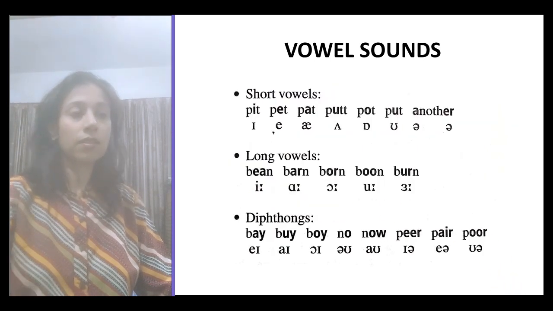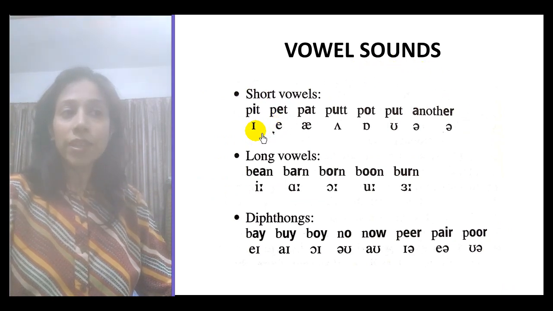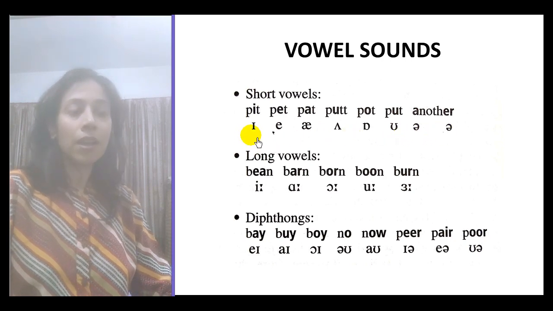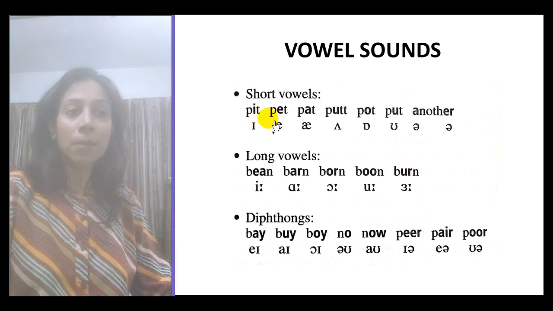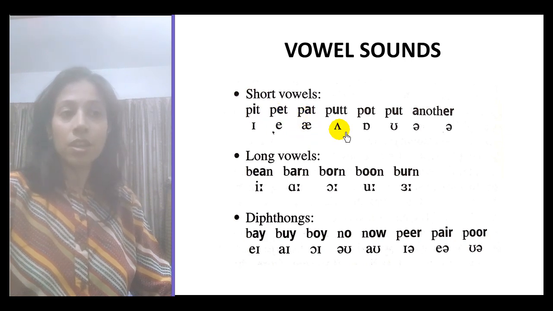Next, let's see this one. So in short vowel sounds, we have vowel sounds like E, E, A, O, U, A. Right? And let's look at it again. E as in pit, pet, A. The middle sound, A sound. Pat, A. Right? Put.